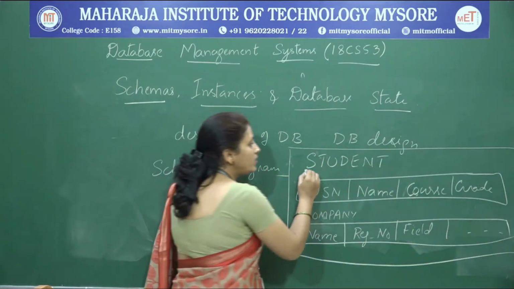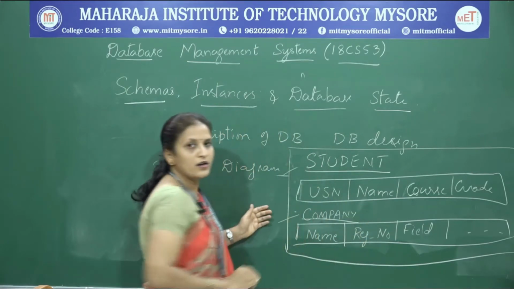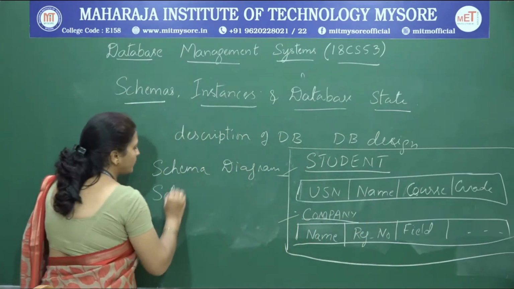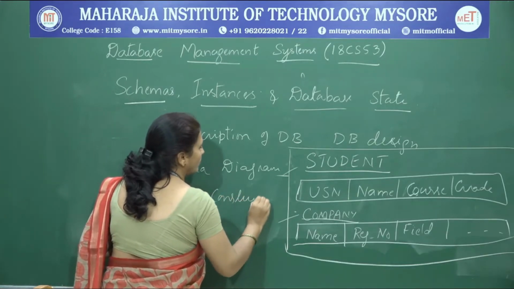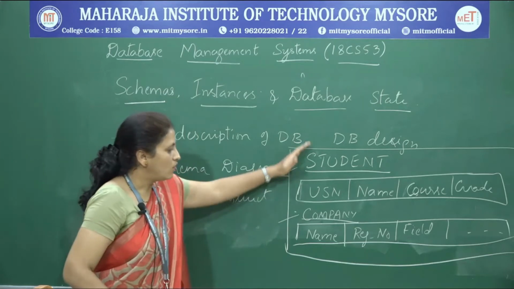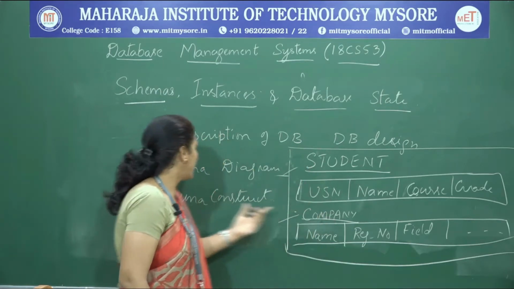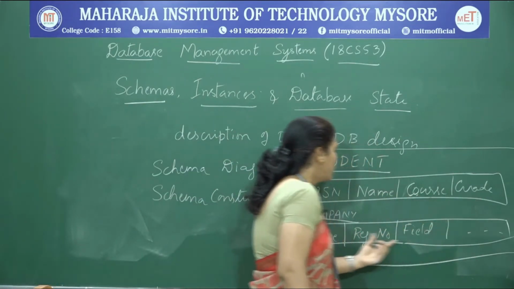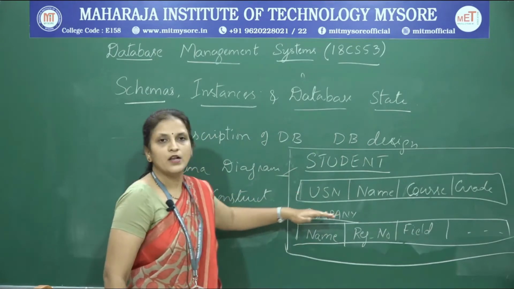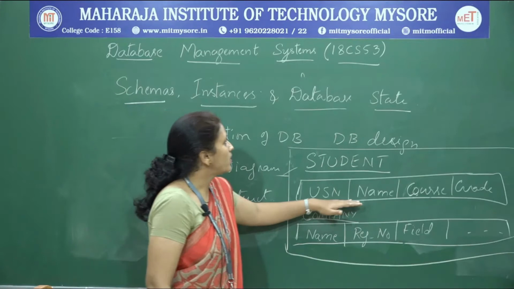Here each of these objects, student and company, is called a schema construct. The whole is called a schema diagram. Each of these objects is called a schema construct. Each of these data items becomes an attribute of these particular entities or objects. So, this is about schema constructs.